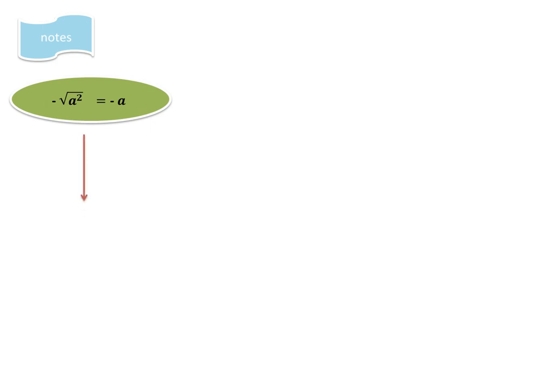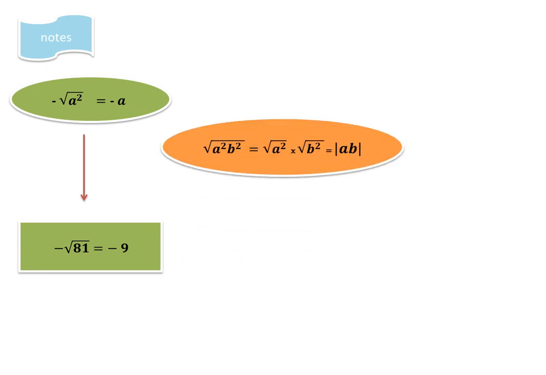For example, negative square root of 81 equals negative 9. Another note, the square root of a squared b squared, we can distribute the square root to both a squared and b squared to get the root of a squared times root of b squared, equal to the absolute value of a times b.